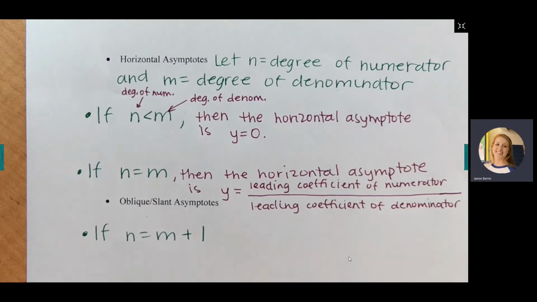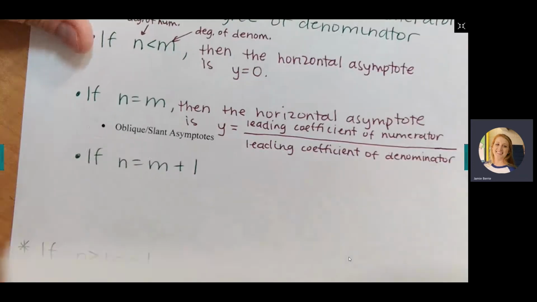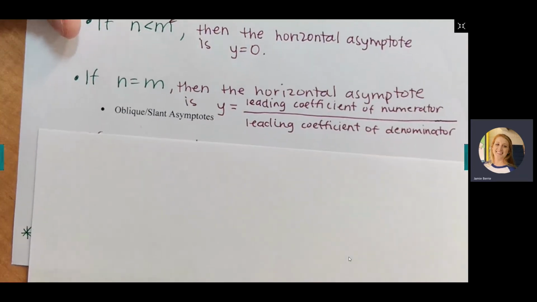All right, so I'm going to show you just a quick example of what that means to have y equals leading coefficient at the top over leading coefficient at the denominator. So I'm going to go off to the side on a separate sheet of paper here and show you a little example.